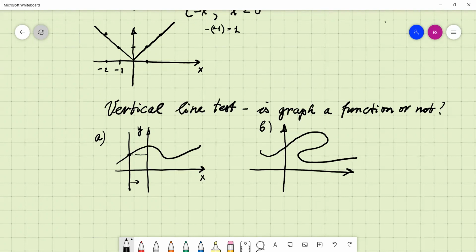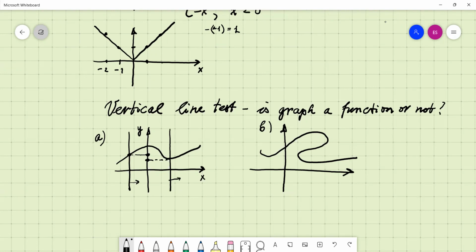If it intersects only once, then for this particular x there is only one y. If we move the line over here, for this particular x also only one y. So you see that this relation is a function, because for every x here we're going to have only one y.